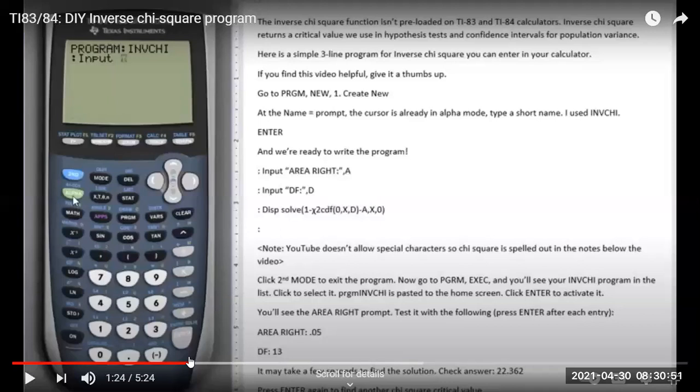Where do you get that input? You press program.